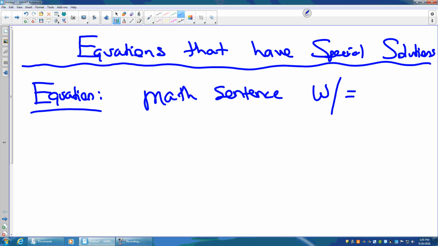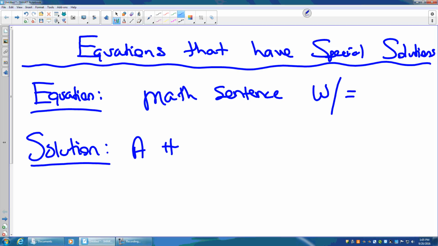And the more important definition that I want to look at today is, what is a solution? Now, we've talked about it a bunch, and today it's going to be super important to understand this. It's the number, or a number, that you plug in to make the sentence true.